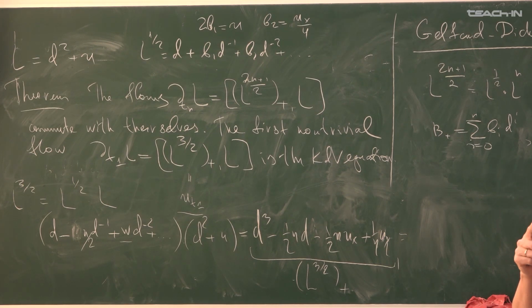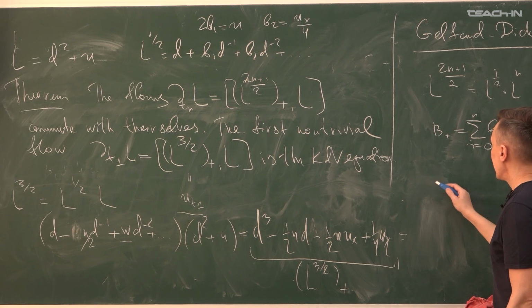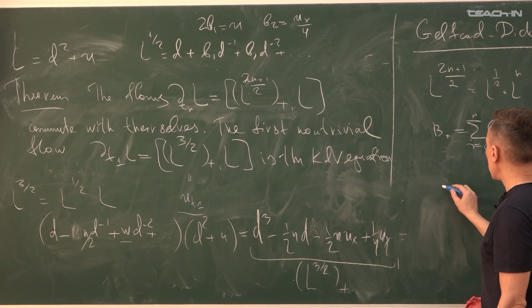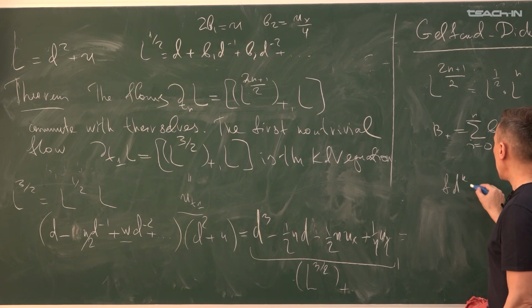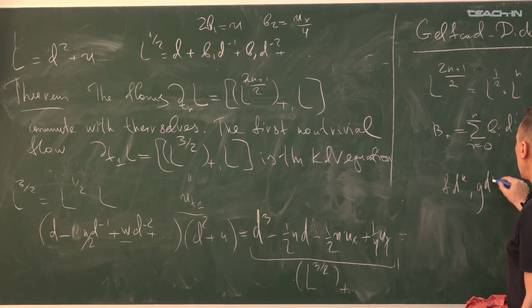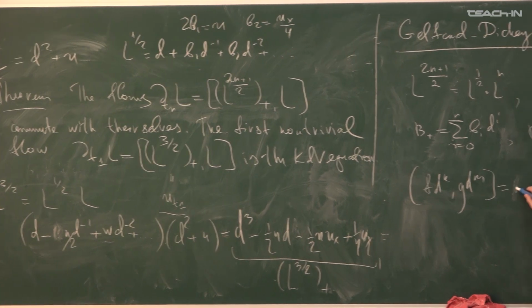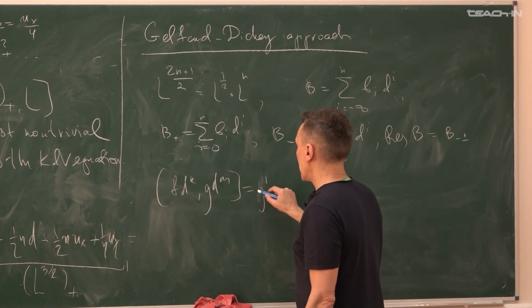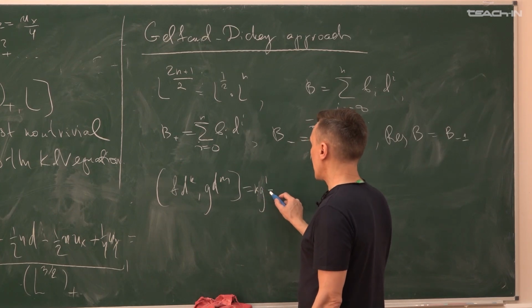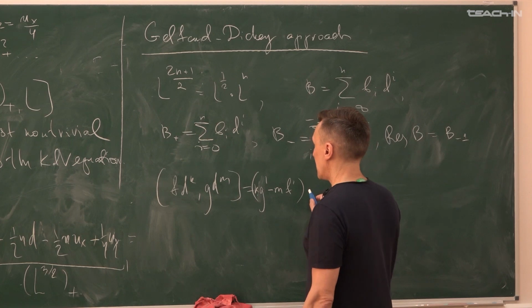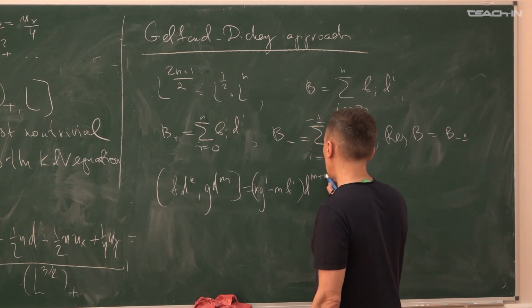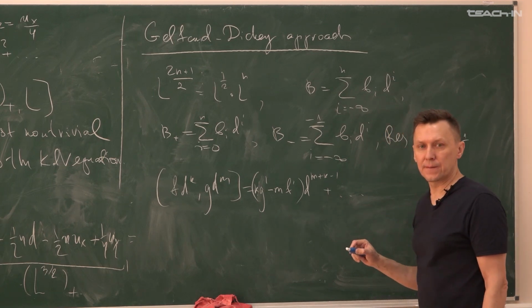When you commute the principal terms, even in this type, if you commute f dk and g dm, it is f times k g prime minus m f prime, d m plus k minus 1.